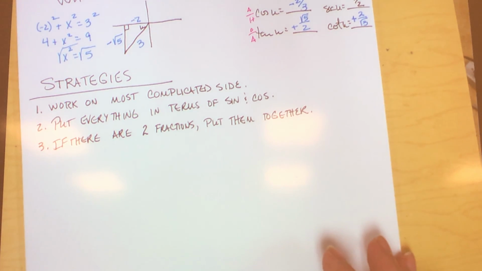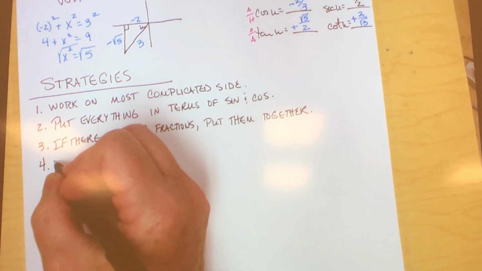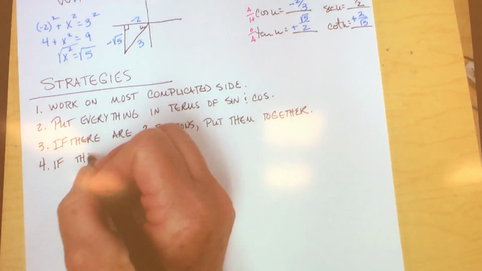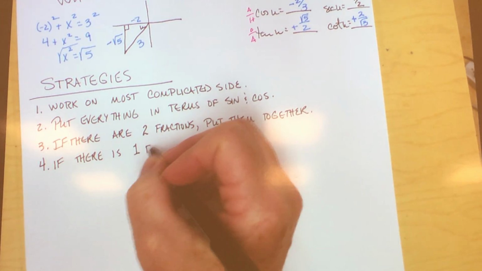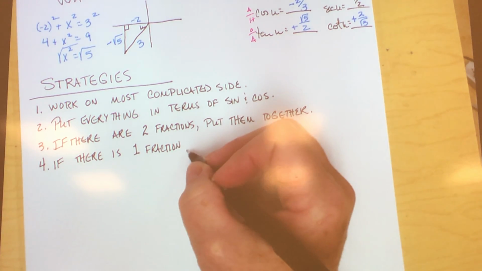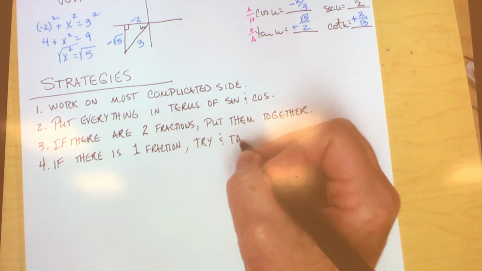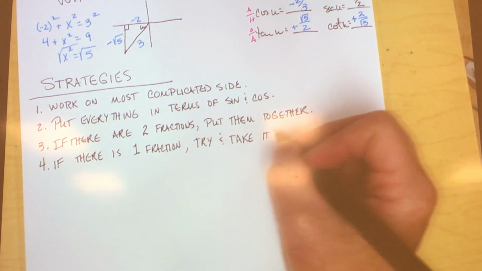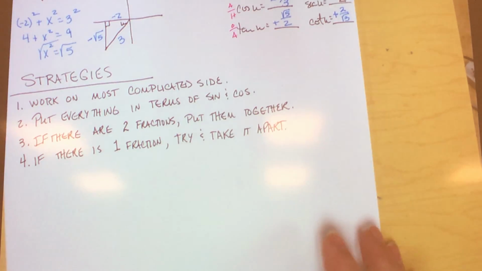Common denominator. Okay, so we'll be looking at that. Number 4, if there is 1 fraction, what might we do to it? Flip it. No. Try and take it apart. Write it as 2 fractions, okay?